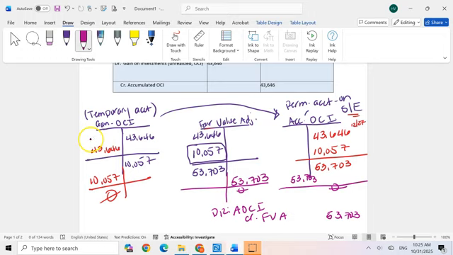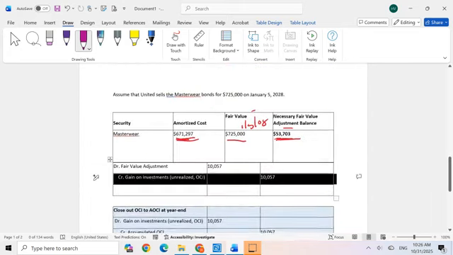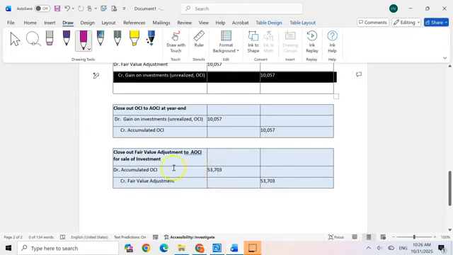The reason for this is if I don't book this entry, then when I book my actual gain, my realized gain, which will go on my income statement, I would be double counting this gain between my OCI and my regular net income, and I don't want to do that. So that's the entry that happens right before we sell it. So I kind of put that right here, this debit of accumulated OCI and credit to fair value adjustment.